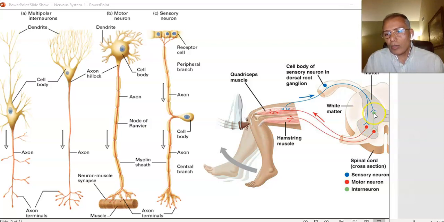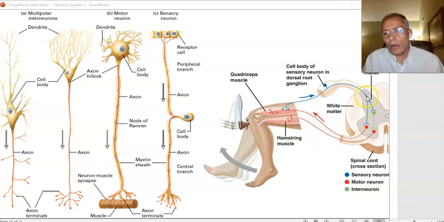Then the dendrites of the interneuron continue with the body of the interneuron. And then the signal travels from there to the axon of the interneuron, to the synaptic terminals of the interneuron. And all of this is happening inside of the spinal cord. Then the signal goes from the synaptic terminals of the interneuron to the motor neuron.